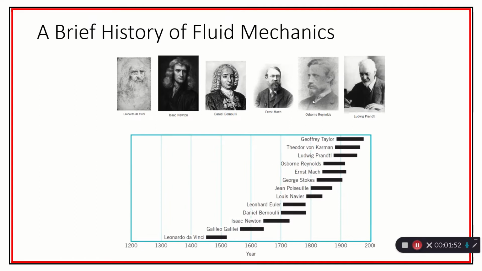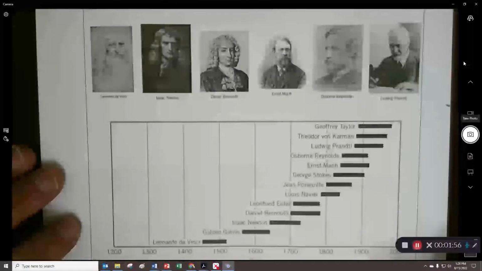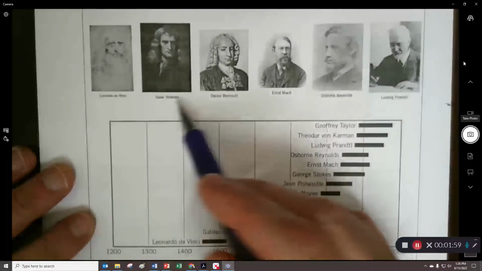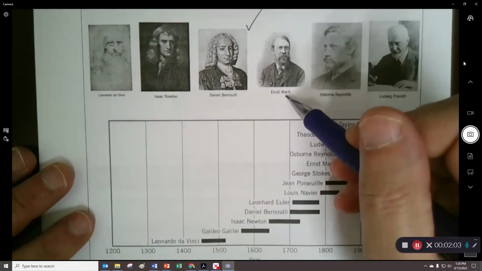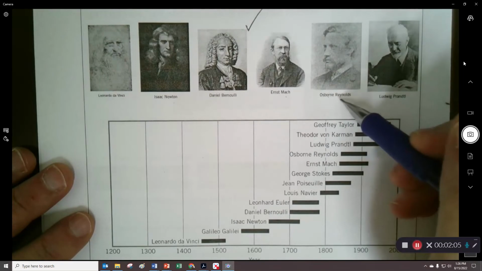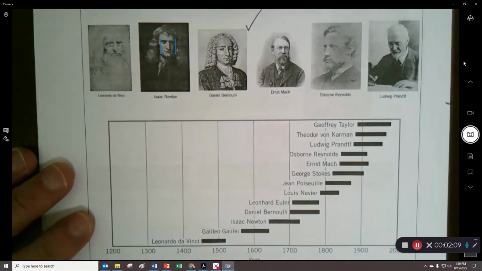So let's see. I have this in my notes right here. Some important people: Da Vinci, Newton, Bernoulli. He's our man. Mach, as in the Mach number. Osborne Reynolds. He looks a lot better in that other picture. In fact, I don't know. Is that actually that other guy?